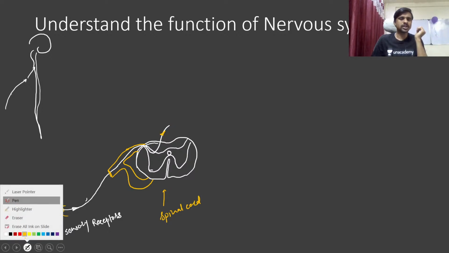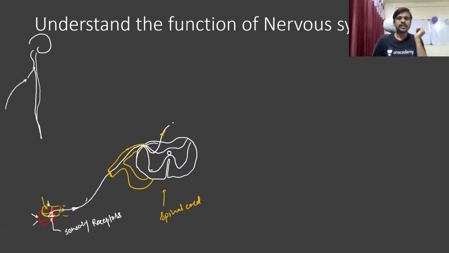So now here we have the next cell, for example, the next neuron. A single neuron does not move the signal from your hand directly to the brain. For example, here is one neuron, and this neuron is called an interneuron.